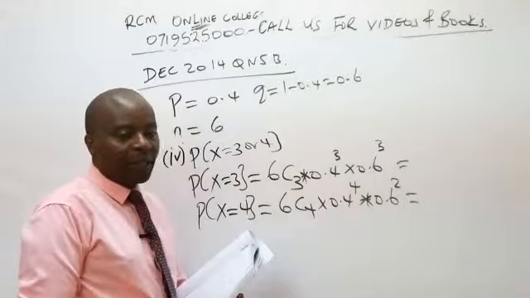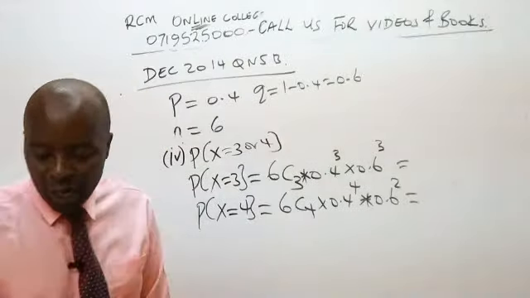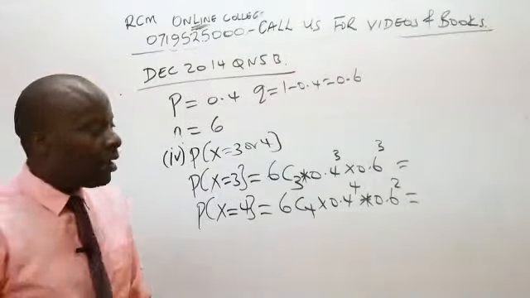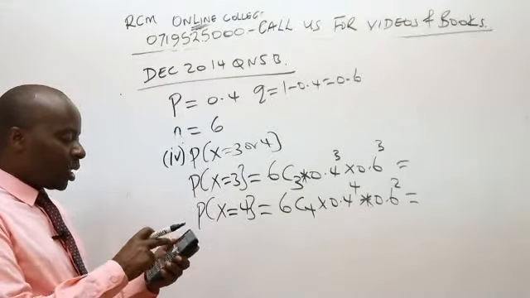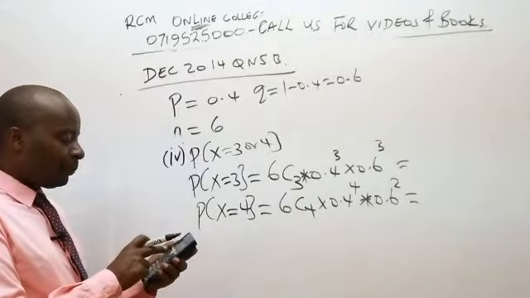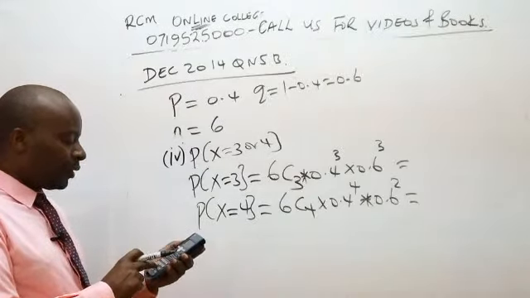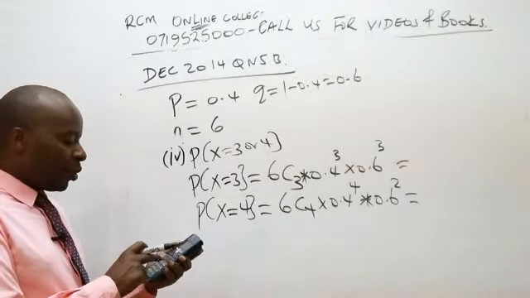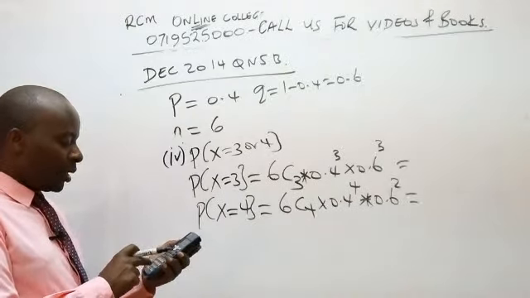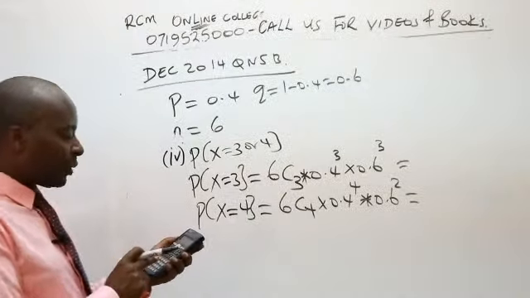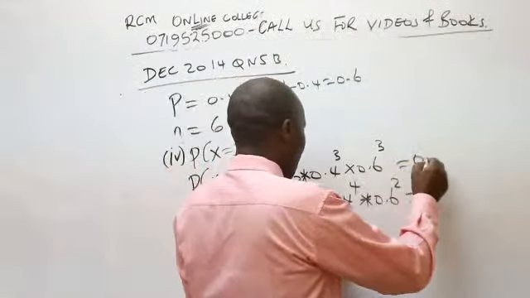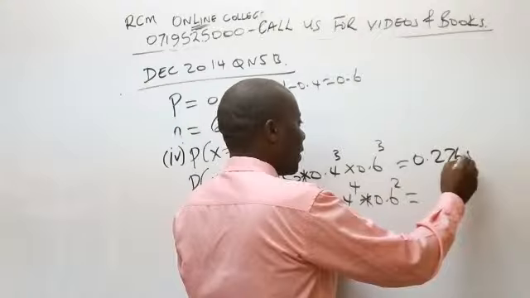So ladies and gentlemen, what you'll need to do right away is take your calculator and evaluate this. So this will be 6 combinations 3, the first one, times 0.4 raised to power 3 times 0.6 raised to power 3 again, which gives me 0.2765.